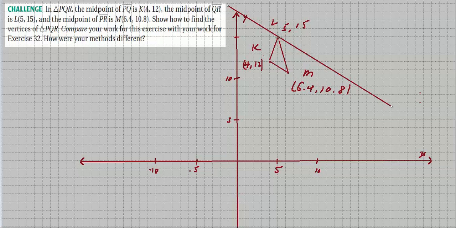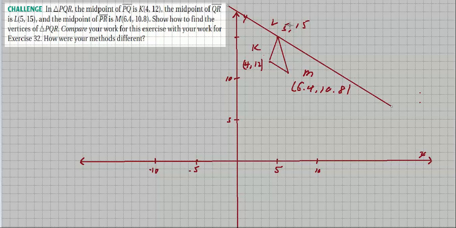You need a line parallel to this passing through this point. Now we're going to do the same thing. You need a line parallel to this passing through this point, and a line parallel to this one passing through this point. And they should all intersect at a triangle which has these 3 sides as its mid-segments.